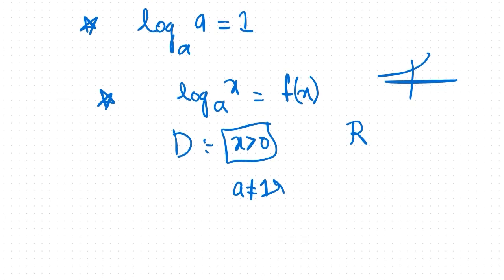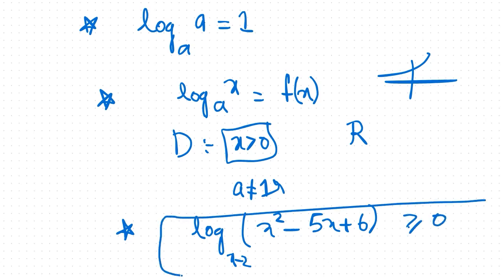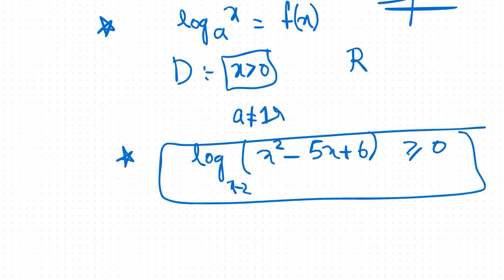So let us do one question and we'll wrap up. Let's say there is an expression x square minus 5x plus 6 over x minus 2, greater than or equal to 0. Find the solution.